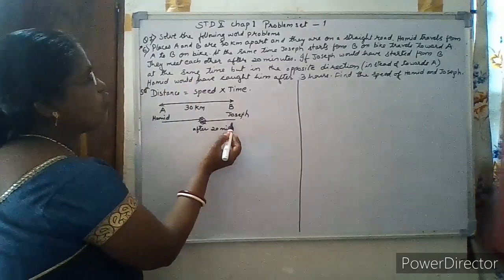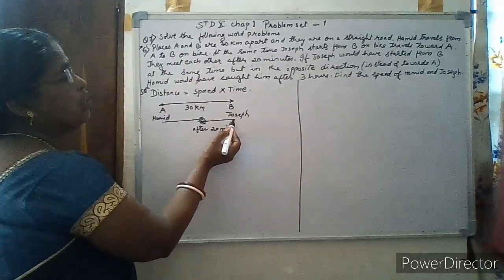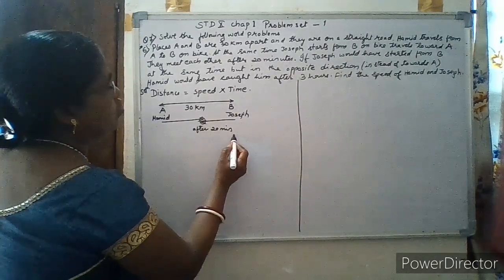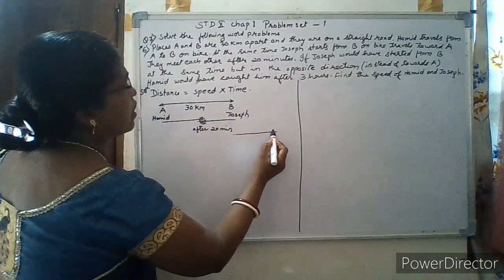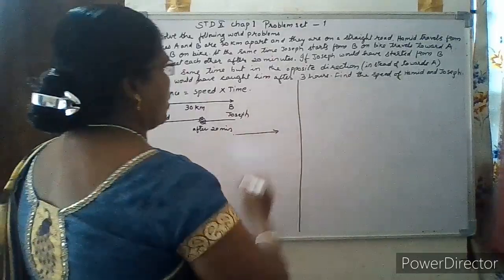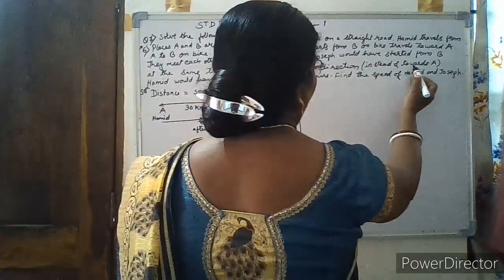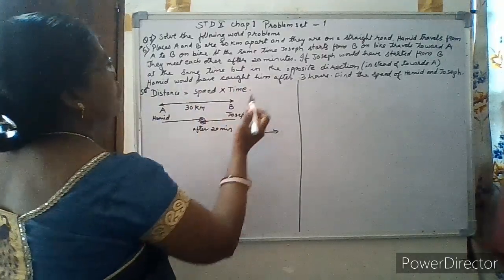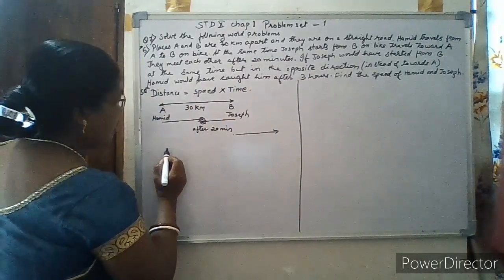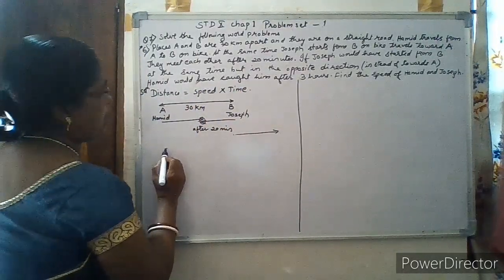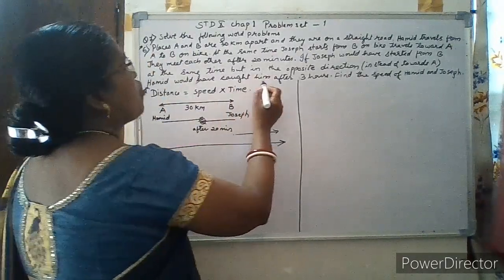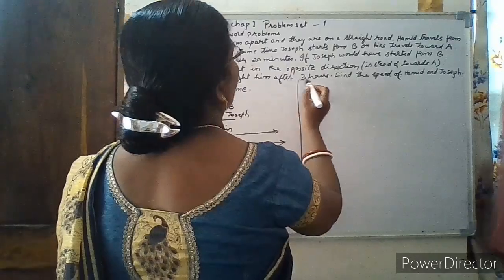Now in the first condition, Joseph traveled towards A. Now Joseph is traveling towards B in this way, in the opposite direction. Instead of towards A, then Hamid would have caught him. Now Hamid also at the same time travels. Would have caught him after 3 hours.